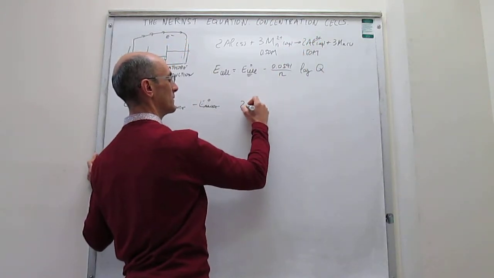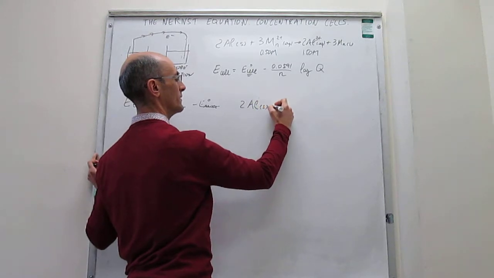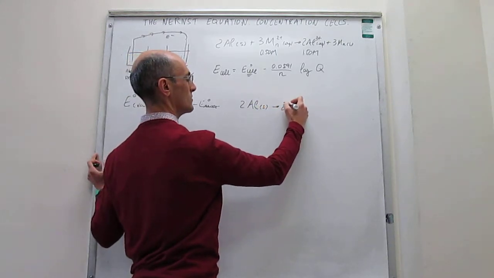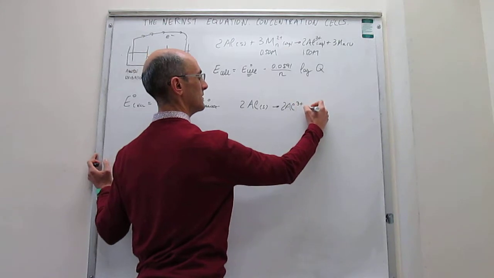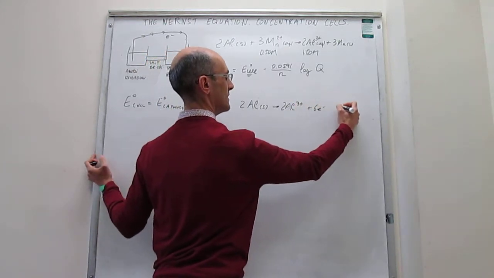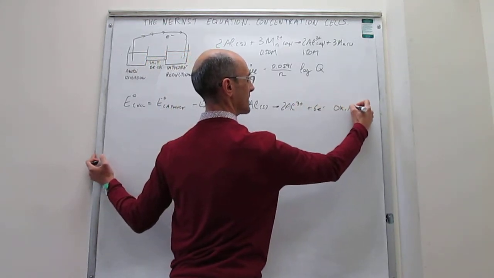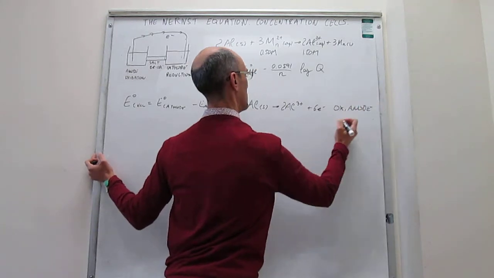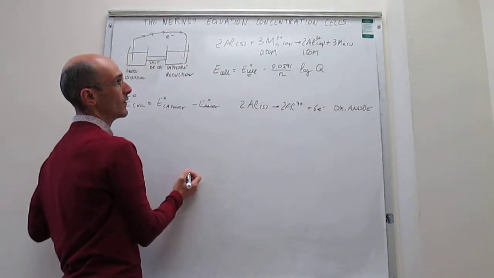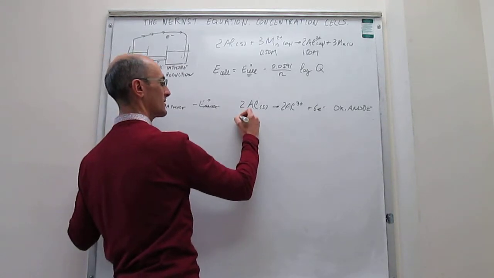Okay, the reaction will be 2 aluminum atoms to generate 2 aluminum 3 plus ions plus 6 electrons, and this is an oxidation, which means that it's in the anode. And then the other redox pair will be the reduction of manganese.